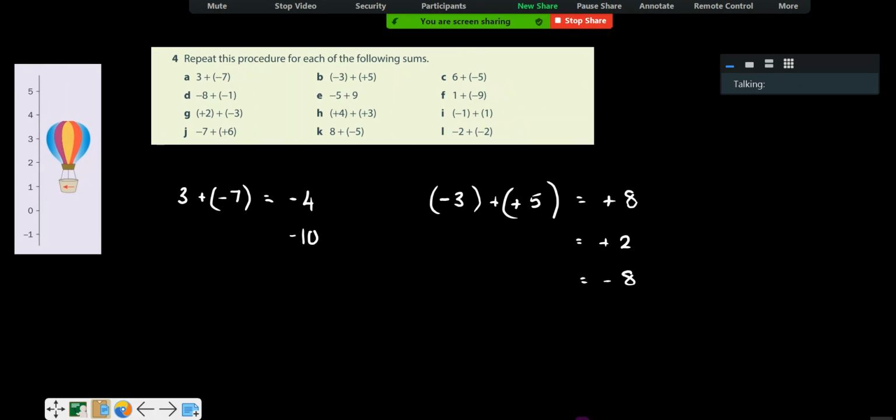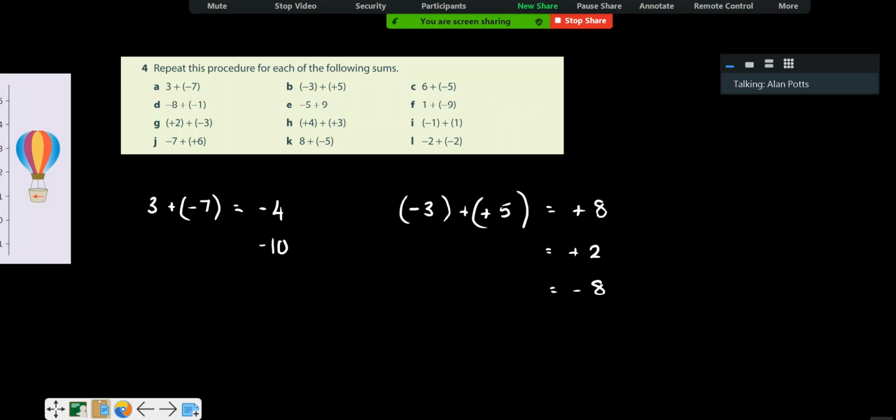One more. Let's have a look at this: 6 plus negative 5. What do we think? Positive 1. You think that's positive 1? Anyone else? I agree with Kristen.